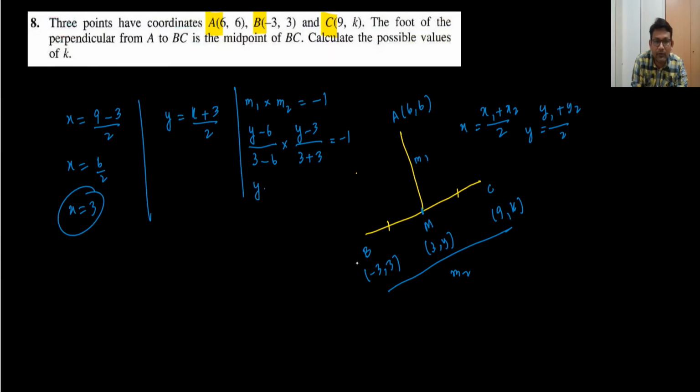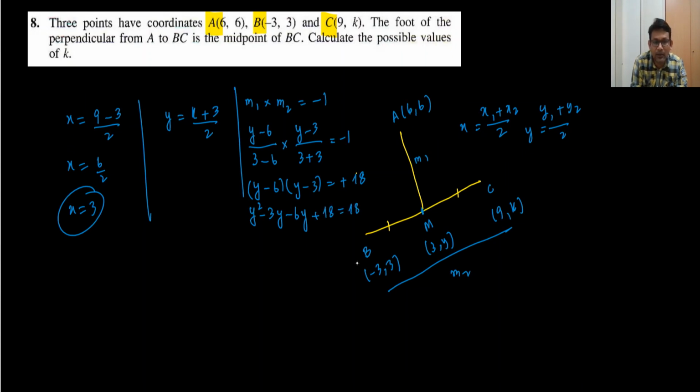Actually, we will have two values of y here because it is quadratic. Minus 1 times 6 and minus 3 gives plus 18. So y squared minus 3y minus 6y plus 18.